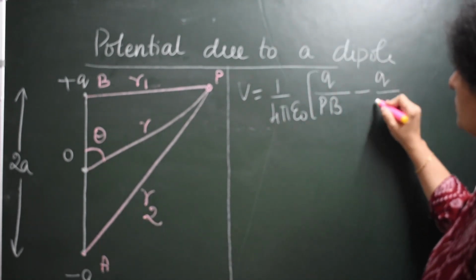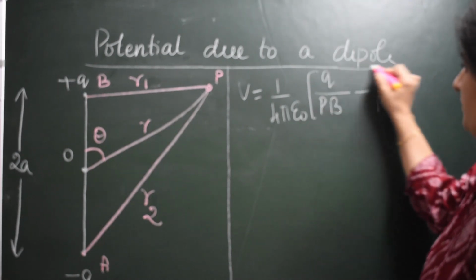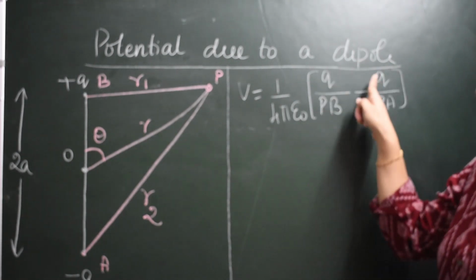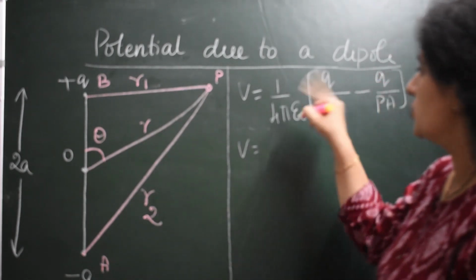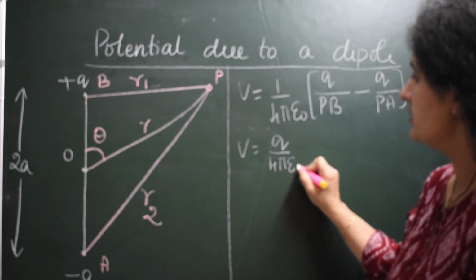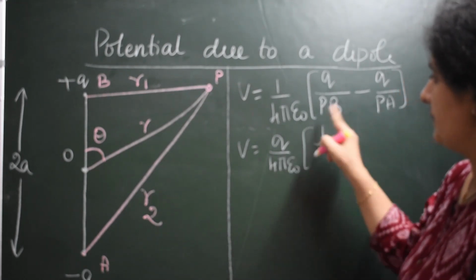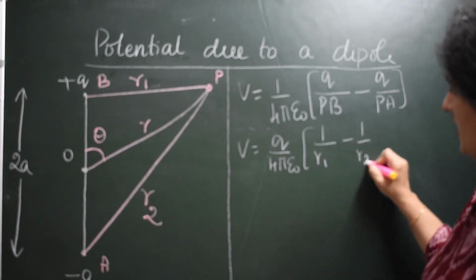So V is equal to q, which we can take outside, q by 4 pi epsilon naught into 1 by PB, which is R1, minus 1 by R2.